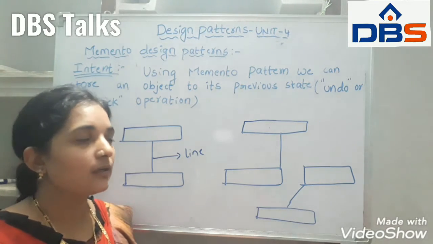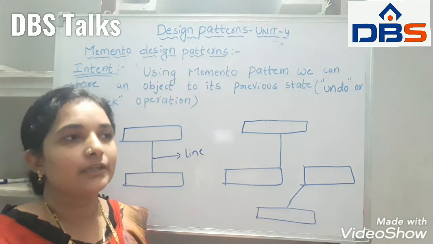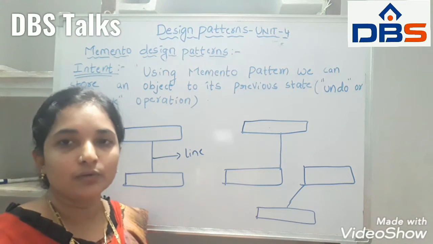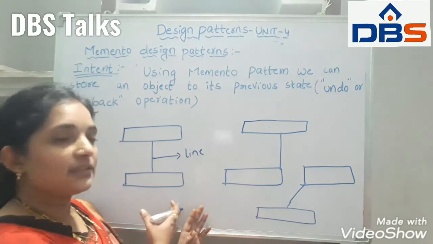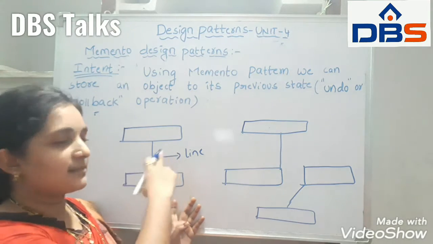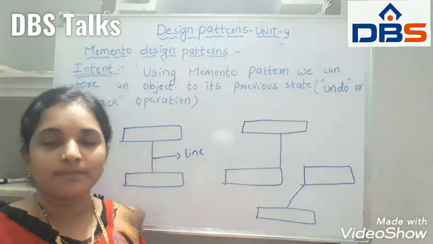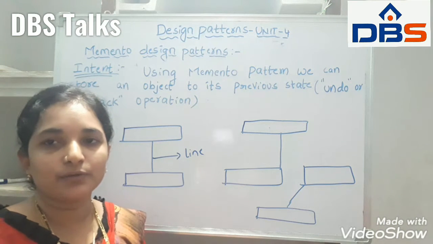If you want to get that same position back, we can use the Memento design pattern, which does the rollback and undo. Then the previous state of the connection will be available. That is why we are using the Memento design pattern.